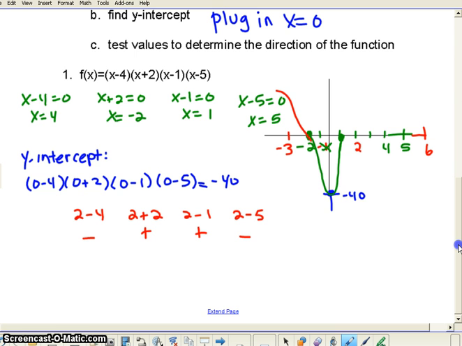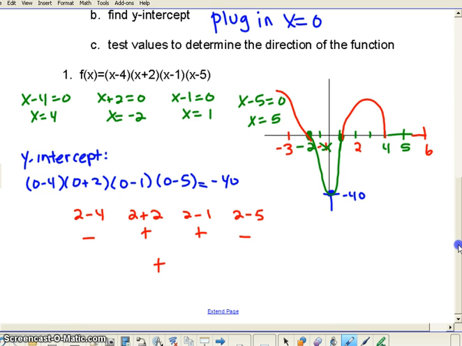So is it going to be above or below? Above, because negative times negative is positive, and everything else is positive. So between 1 and 4, the points are all going to be up here. So that means I need to go up somehow like that. Does that make sense?